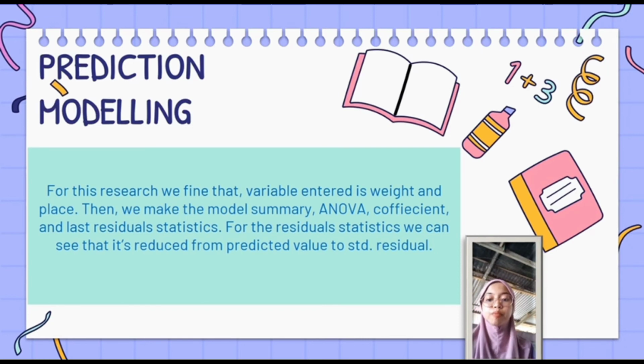While the maximum predicted value is 6.2929 and residual 3.712, and standard predicted value is 3.213, and last standard residual is 2.756. Next, for the mean, we record firstly predicted value 2.62.